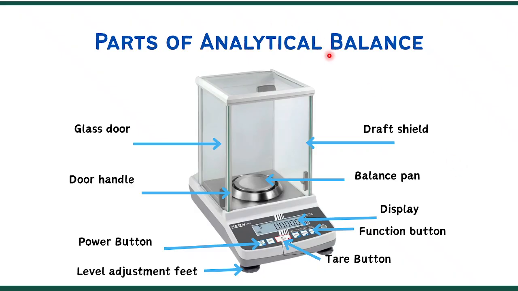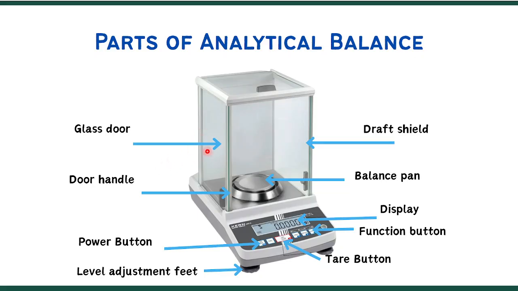Now, the analytical balance has different parts. It has a glass door, draft shield, door handle, and a lot more. As you can see in this picture, the glass door, these are the glasses that you can see on both the left and the right side of the electronic balance.